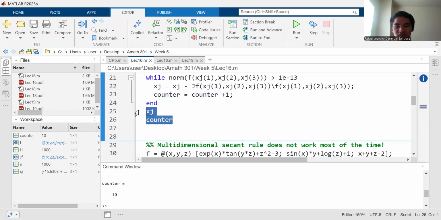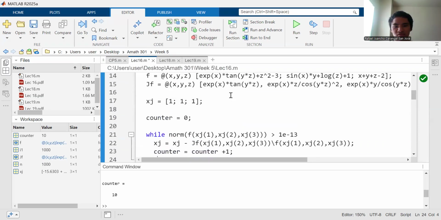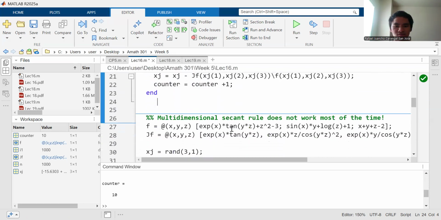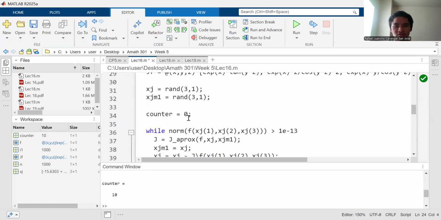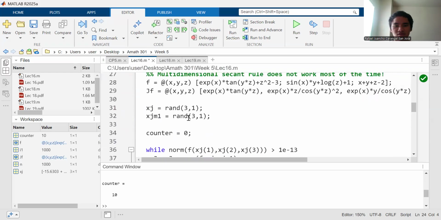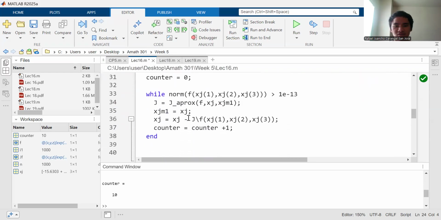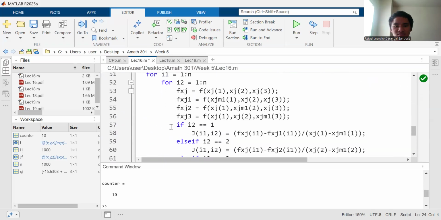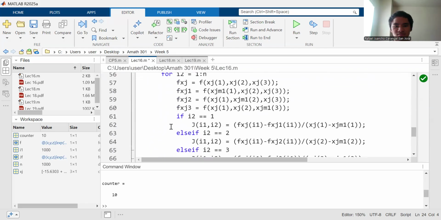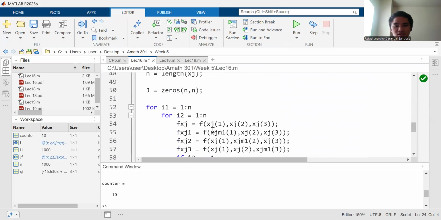So we did this 10 times, in order to get to a norm where it's within its tolerance, 1e negative 13. And then here's a secant rule that we also did. And it doesn't work most of the time. Then we have their Jacobians here.